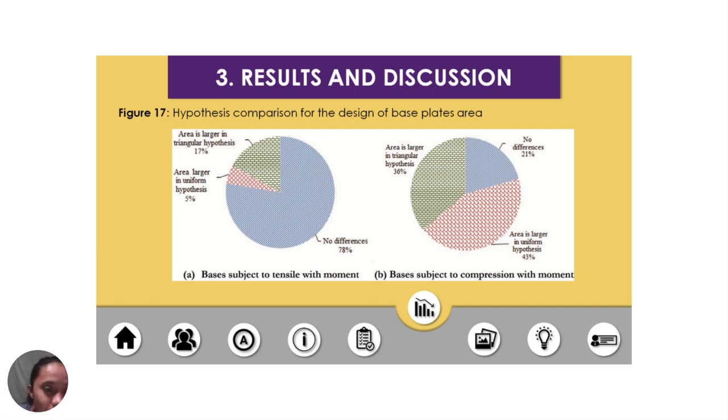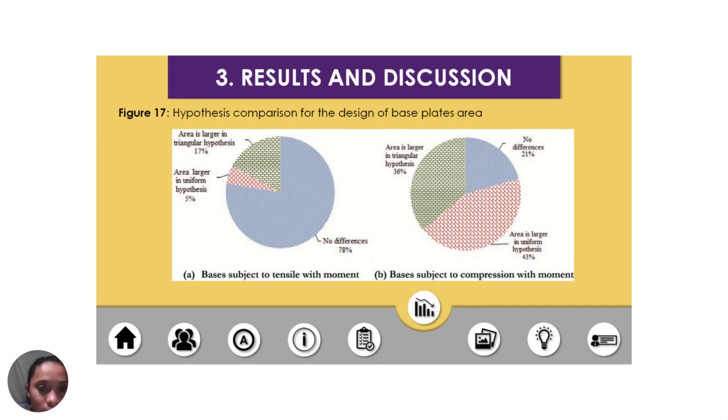So in A, base subject to tensile force with moment. Here are the differences. No difference is 78%, while the area larger in the uniform hypothesis is 5%, and the area larger in the triangular hypothesis is 17%.